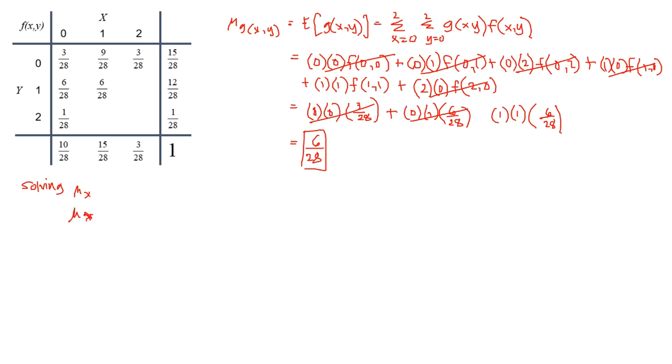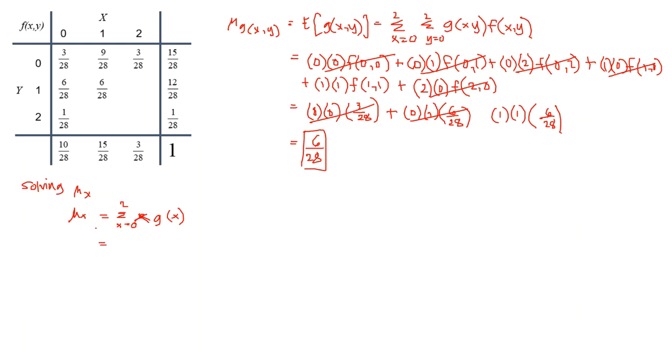Since this is a separate value, this is not under joint probability because we are finding the mean for the x alone and the y alone. We'll be using the general formula for finding the mean, which is the summation from x equal to 0 to 2 of x times the value of our g of x.